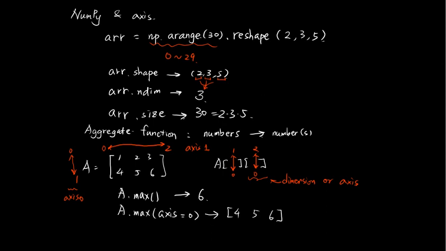So overall, if you have an array in general, for this example you have 3 dimensions or 3 axes, with ranges from 0 to 1, 0 to 2, and 0 to 4.